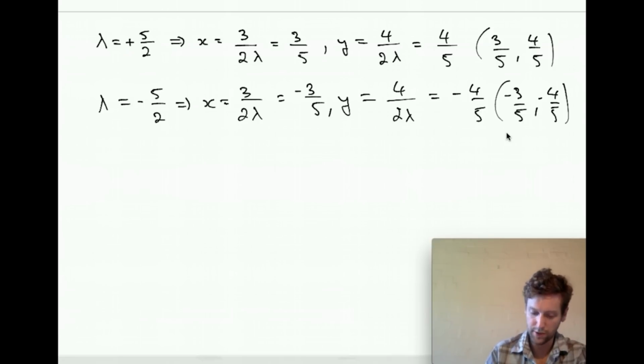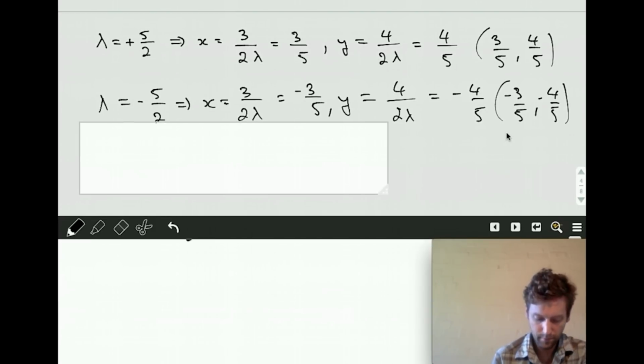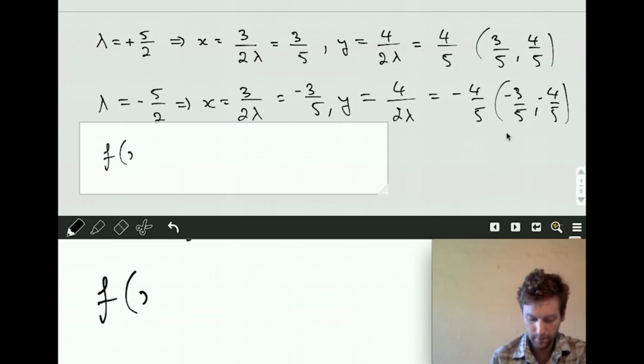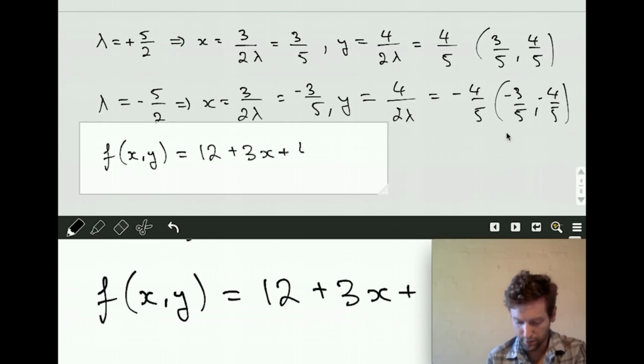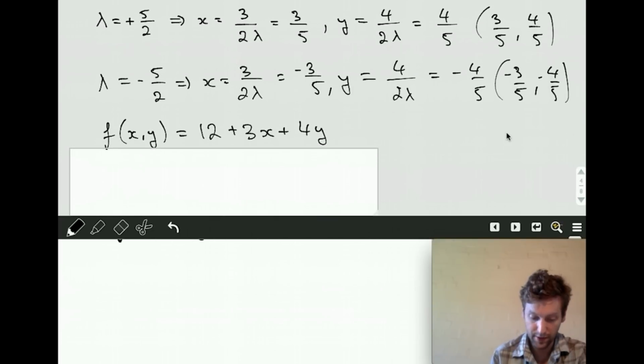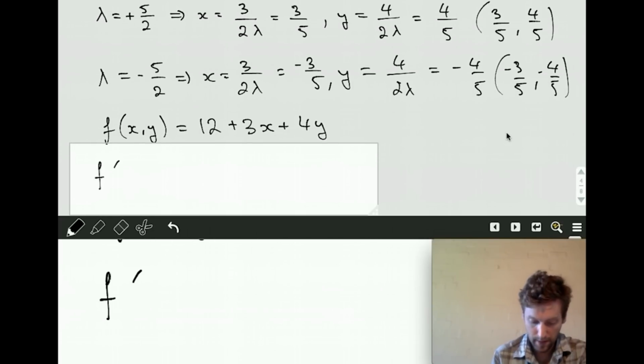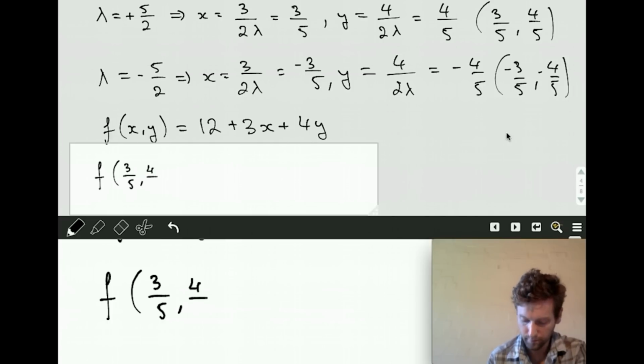So our function was f of x and y is equal to 12 plus 3x plus 4y. So let's find out what the value is at the point 3 over 5, 4 over 5.